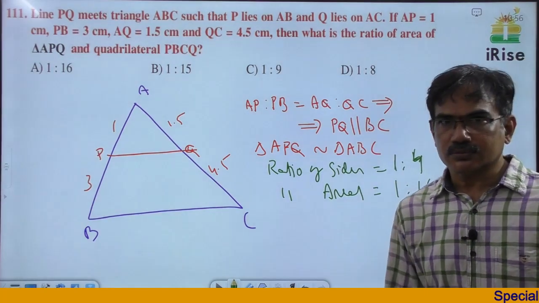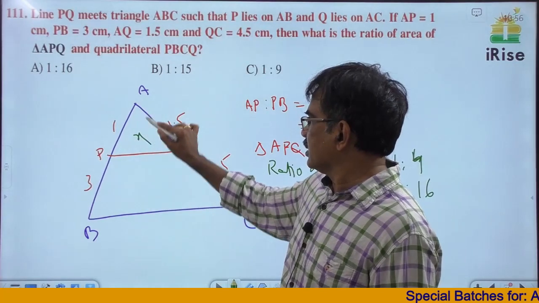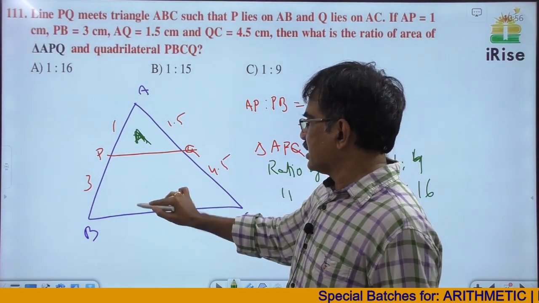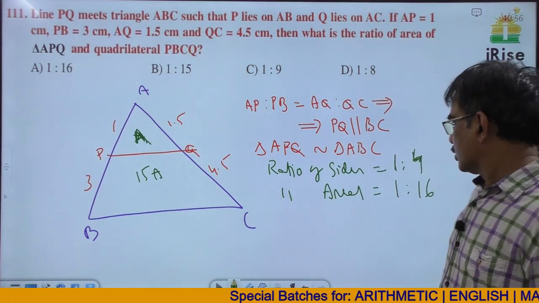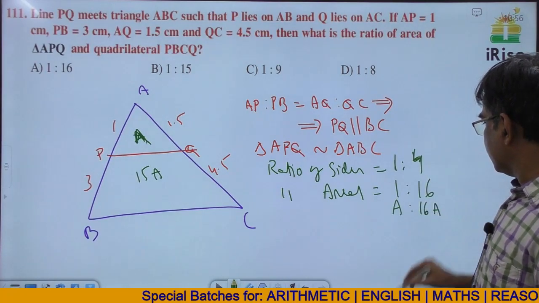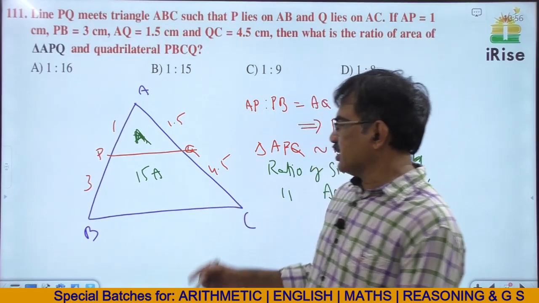If the small triangle area is A, the total area is 16A. Small triangle area is A, big triangle area is 16A. So this trapezium part is 15A.